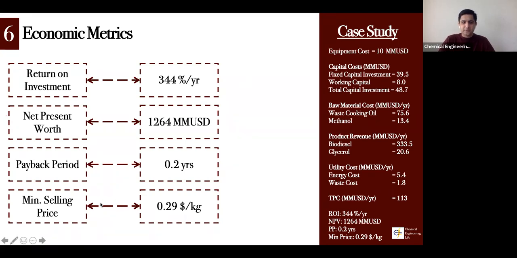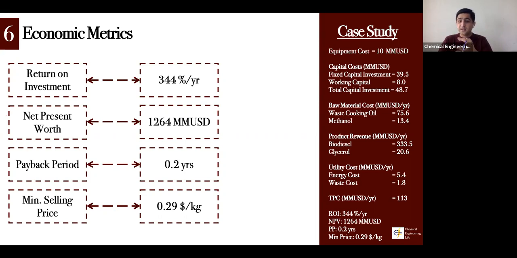Now, if you look at all of these metrics, if you take a general overview and a general assessment, we can conclude that our process, our biodiesel production, is indeed a very profitable process. The reason being that all the metrics agree with each other, and we are getting more and more compared to our investment.